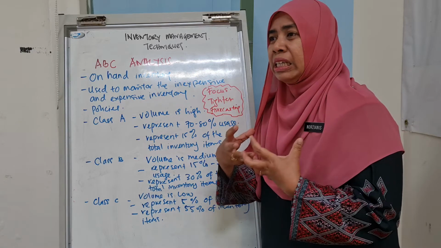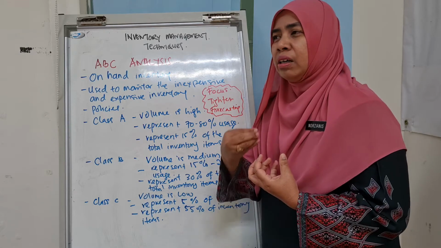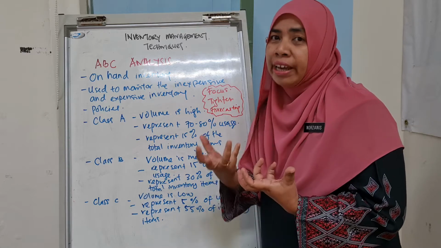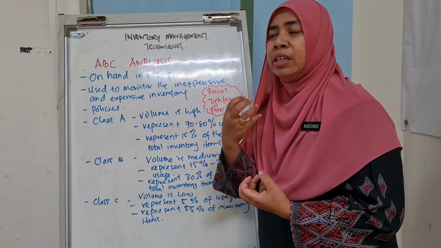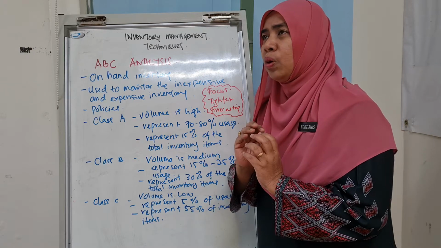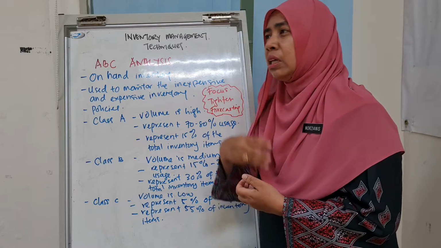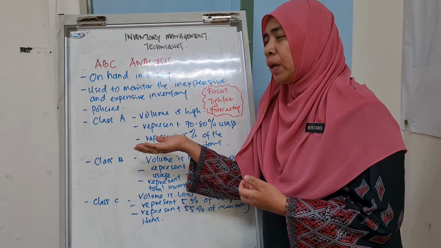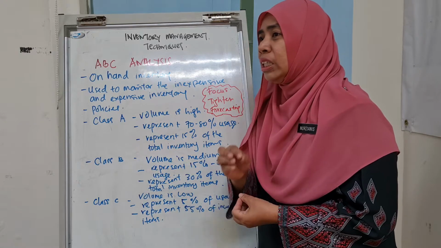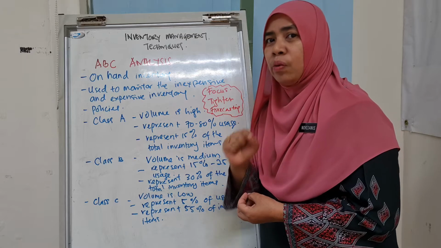That means the inventory in our warehouse. On hand means we do not consider the items, our products or the raw materials, in our supplier or in our vendor. We only consider the inventory in our company.